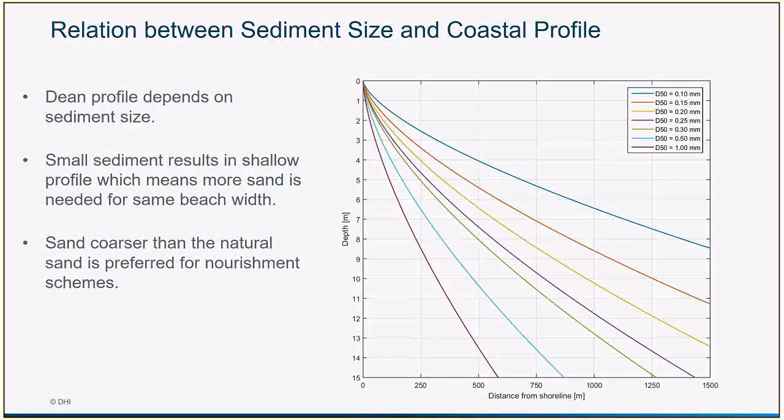So as we can see on this figure, we have different steepness of profiles depending on the grain size, or the median grain size. So we can see that for very coarse sand, we have very steep profiles, and for finer sands, we have flatter profiles.